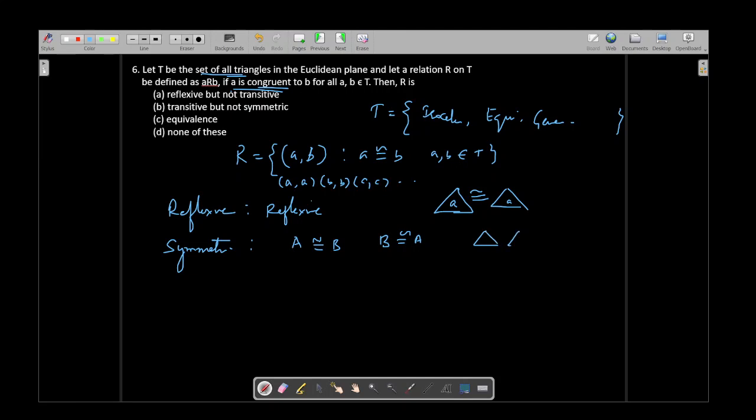If I have two triangles like this, they are identical. It means corresponding angles are the same and the sides are equal as well.